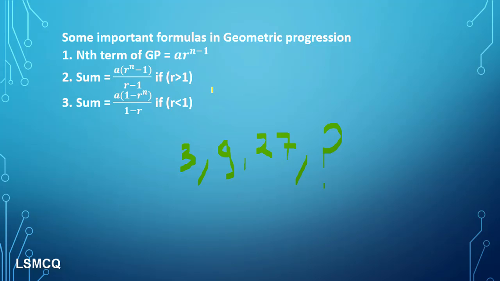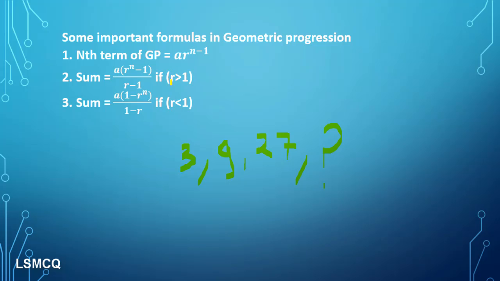To find the sum of a GP, we have two formulas here. The first one is A into R to the power n minus 1 divided by r minus 1. The second is A into 1 minus r to the power n by 1 minus r. But if you look at these two formulas carefully, they are nothing but the same, with some modifications to accommodate r.